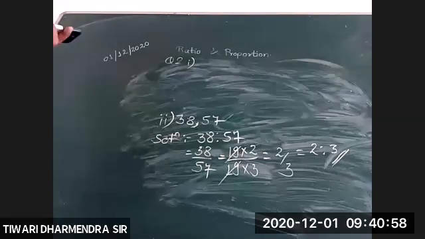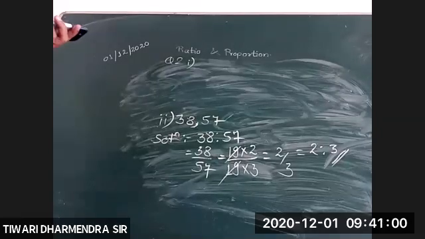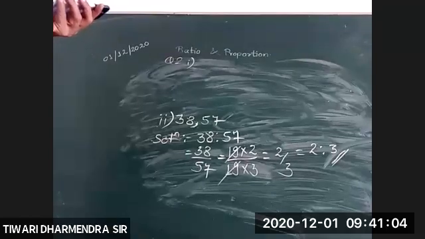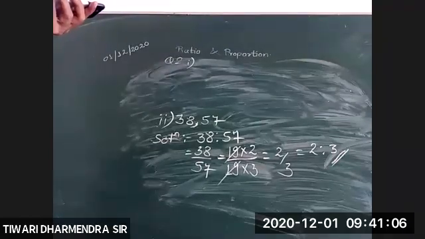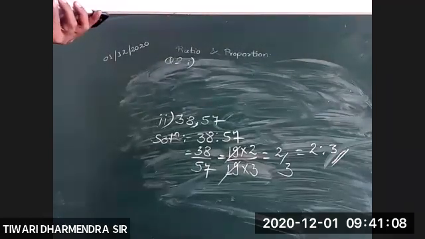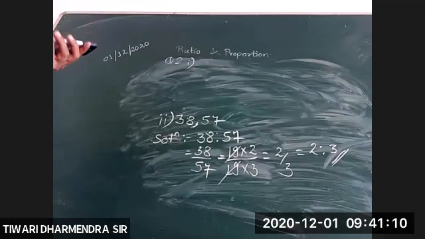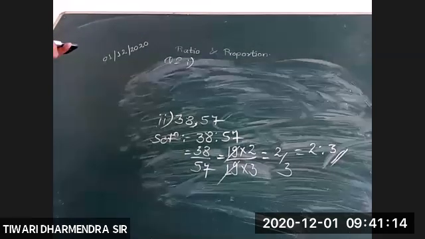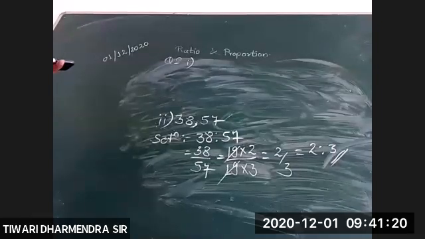Now, they have given quantities with units. So make sure that they are in the same units. If not, then try to convert both into the same unit. Unless you convert to the same unit, don't proceed.